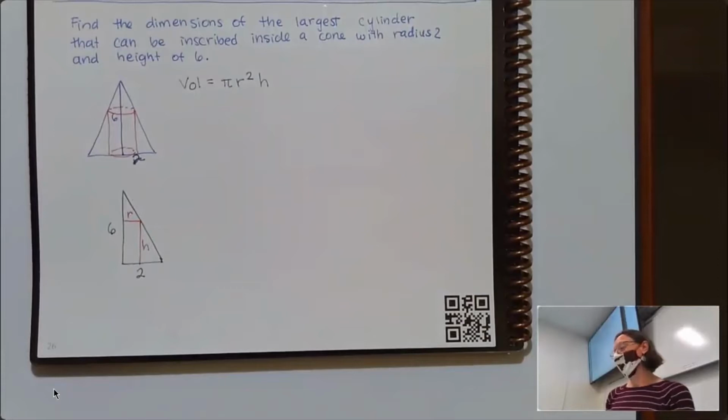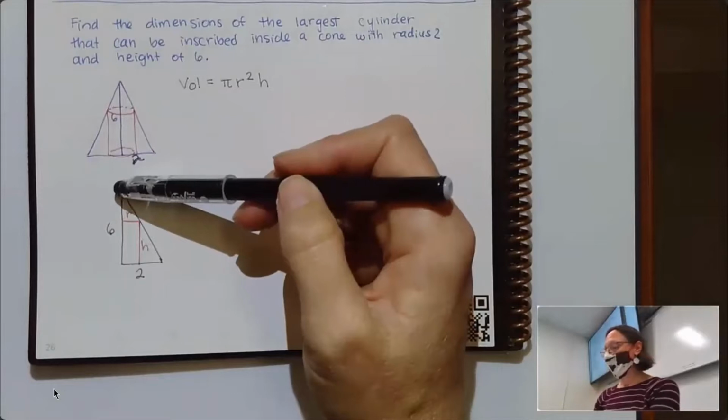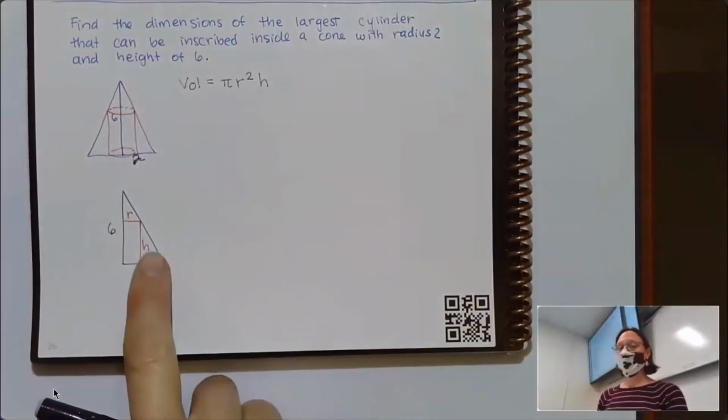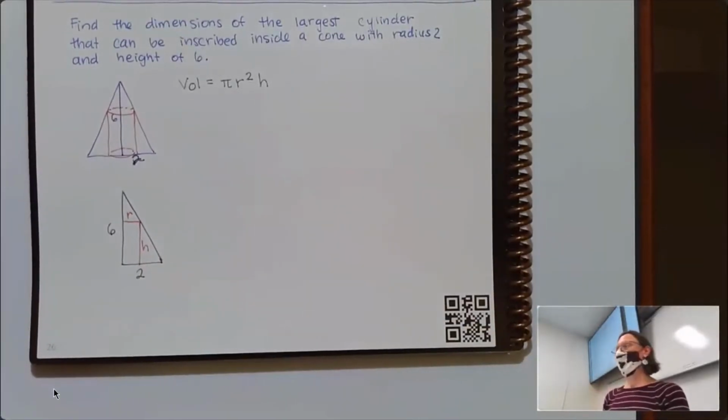The way that I'm going to know something else about that R and H to get rid of a variable is to think about similar triangles in some way. There are 3 similar triangles in there: the big one, the little one at the top, and the little one on the right. It doesn't actually matter which 2 we compare, but we have to compare 2 of those.